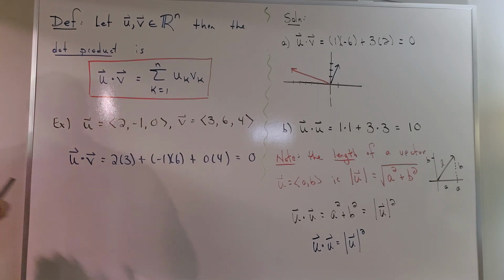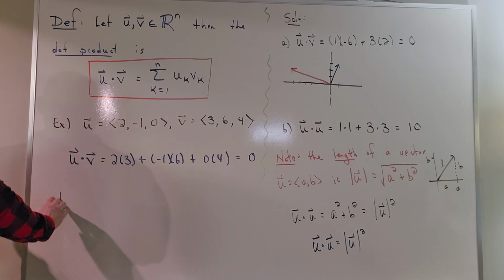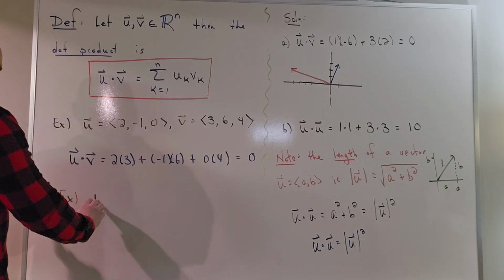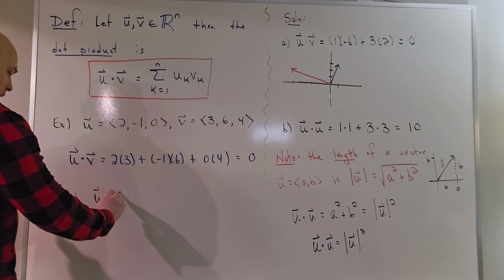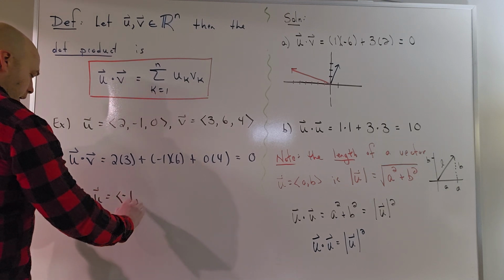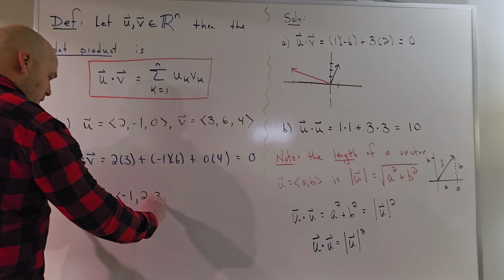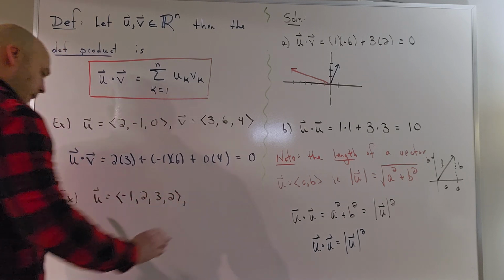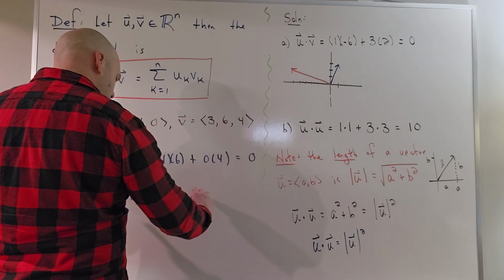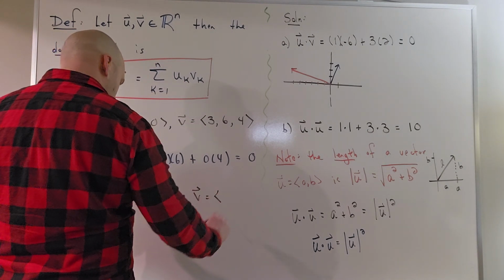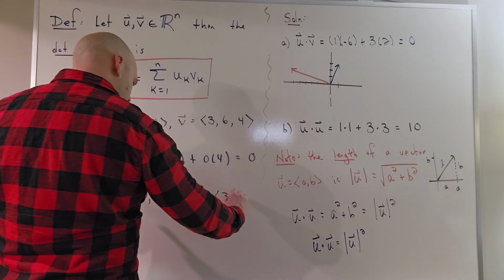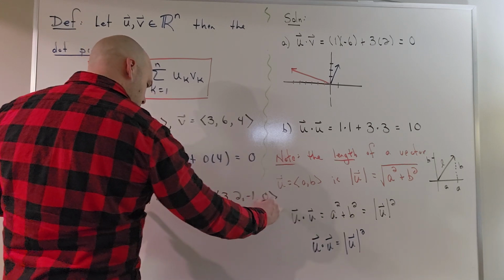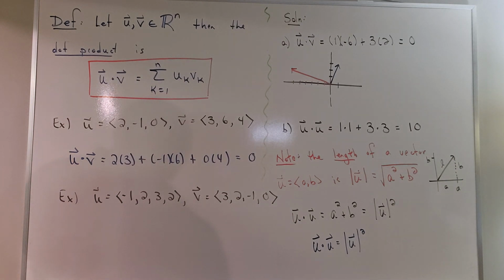All right. One more example. Let's look at vectors in R4. u could be given by, let's say, (-1, 2, 3, 2), and then v could be given by, let's say, (3, 2, -1, 0). Okay.